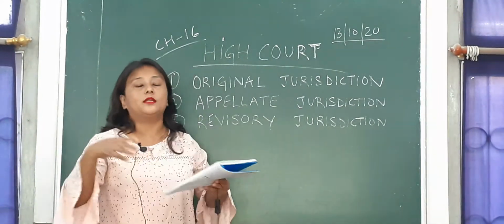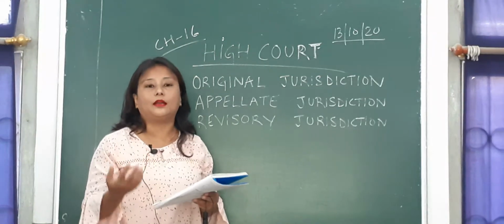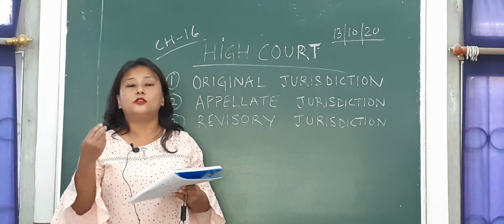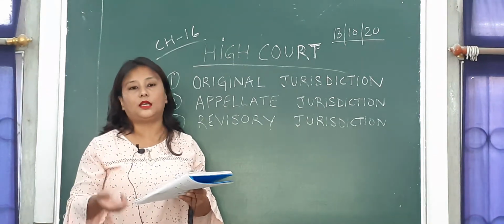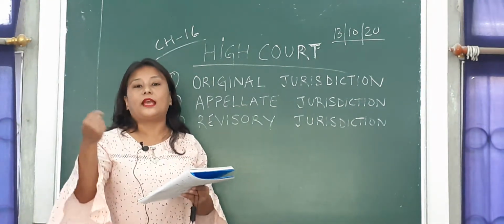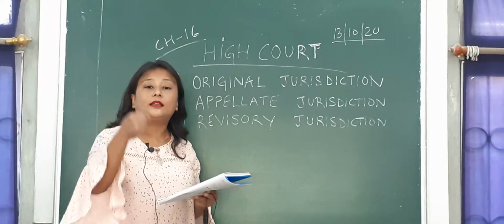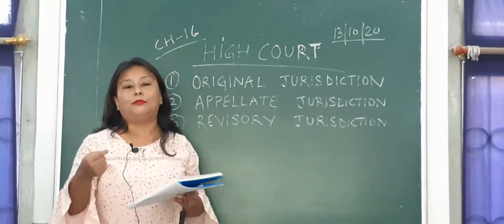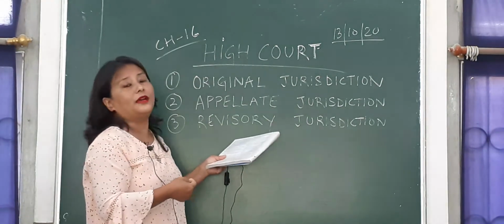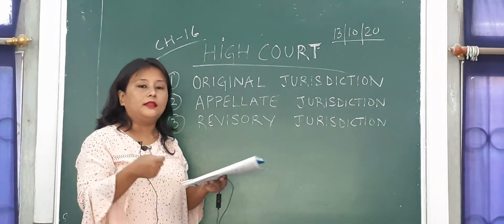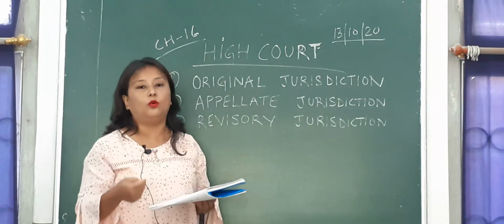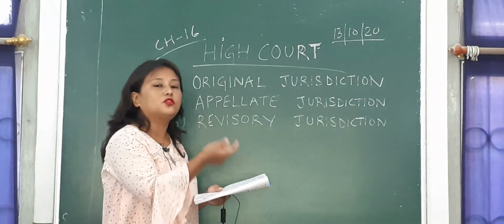So when this revisory jurisdiction is being conducted, if any mistake is found, what is done? Strict or quick action is taken. Because what can the High Court do? It can review, it can check, it can recheck, it can correct the mistake made by a subordinate court. So this is called revisory jurisdiction, where the High Court does not review its own judgment, like is done by the Supreme Court.